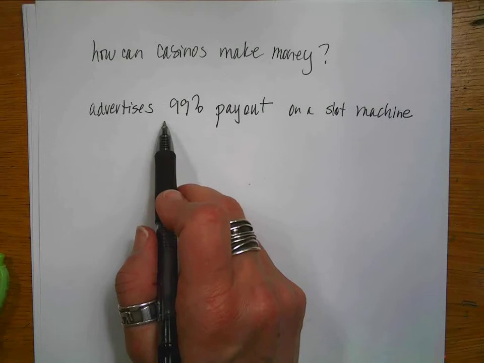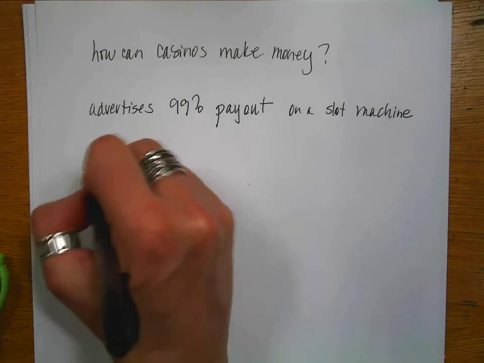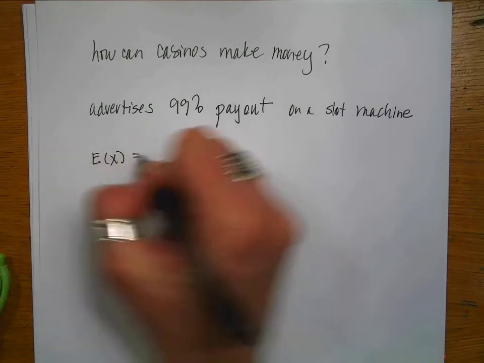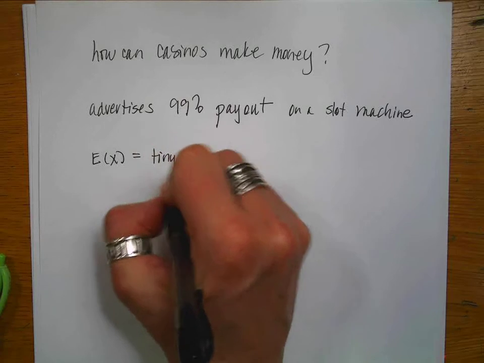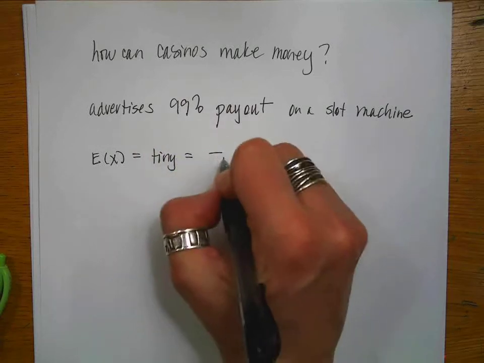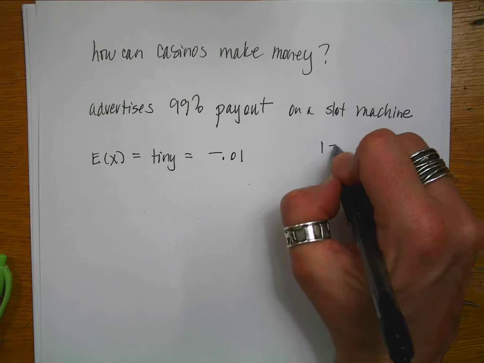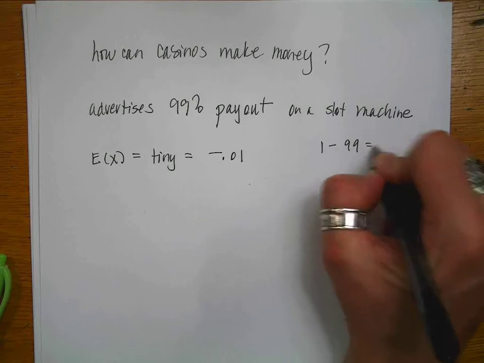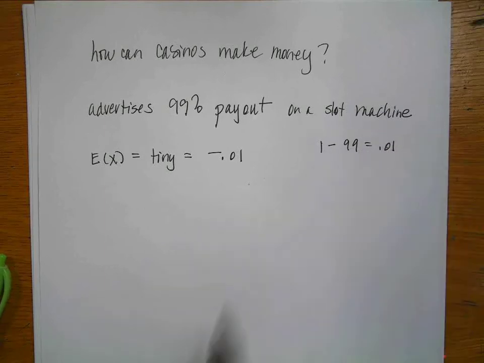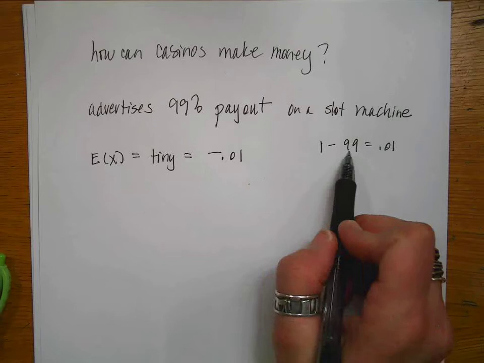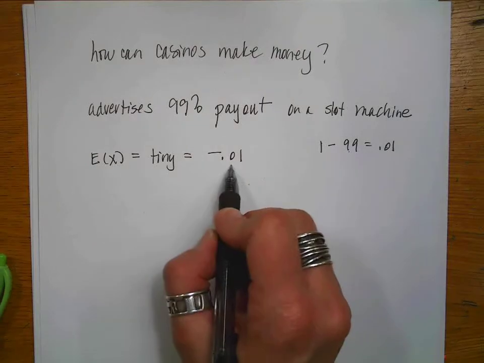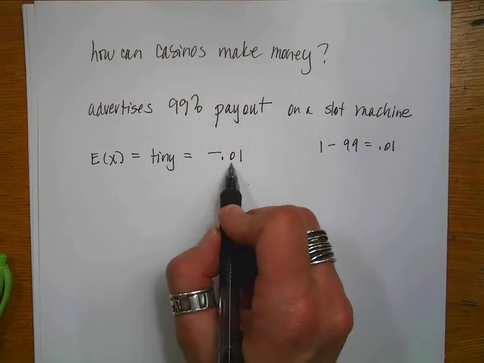What we think is that means that I'm going to make money 99% of the time. But what that actually means is that the expected value is oh so tiny, and it means it's a negative 0.01, because 1 minus the 99 is going to be 0.01. 1 being 100%, there's their 99%.